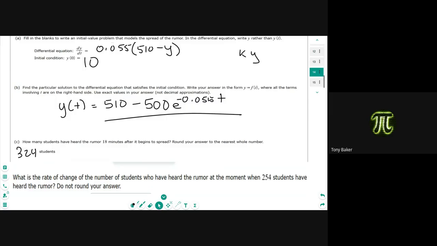So this sounds really confusing. However, there's one key word in it, or key set of words, that actually makes this whole problem easier. What is the rate of change? On this problem, what is the rate of change? Rate of change is what in calculus?